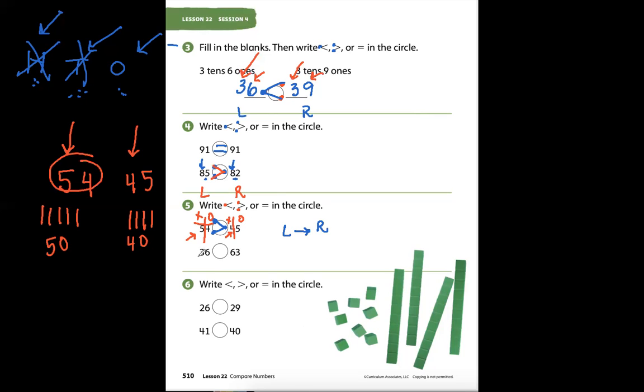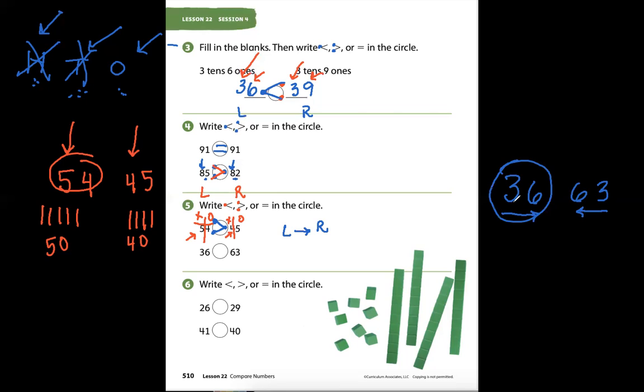Problem number 5. 36, 63. Here we have 3 tens. 36 and 63. Do I read like this? 36.